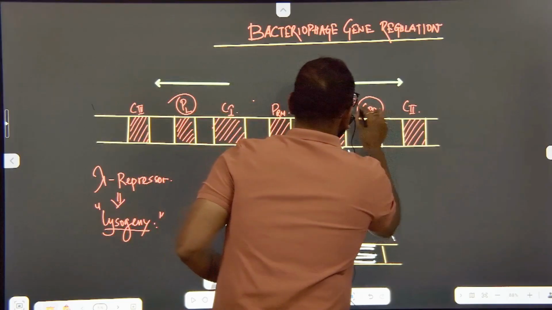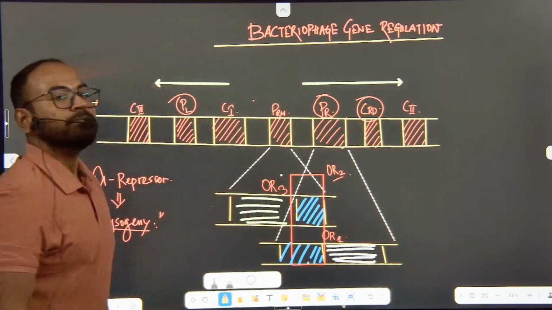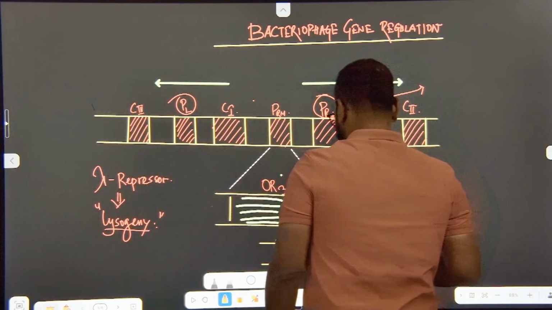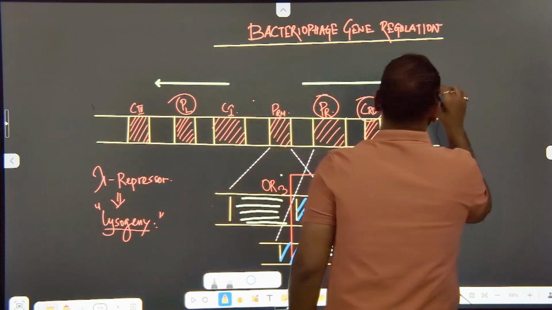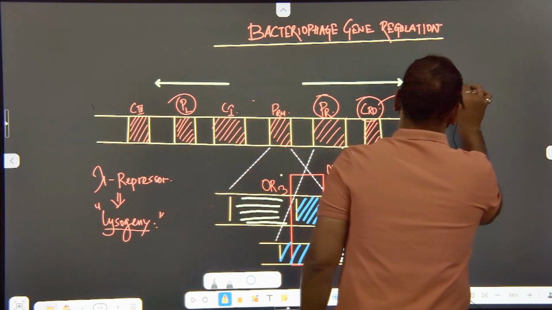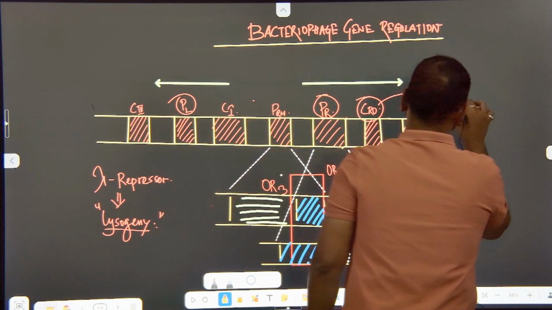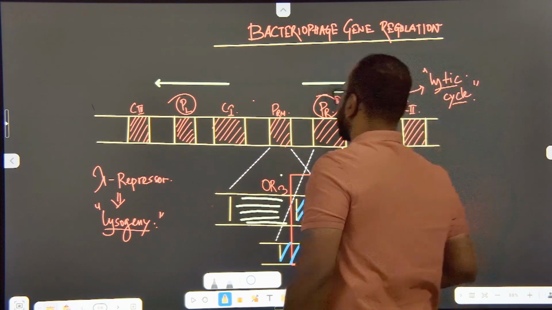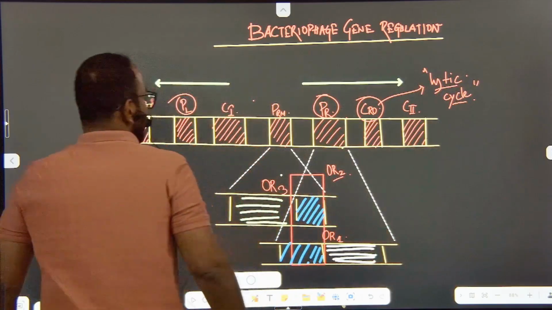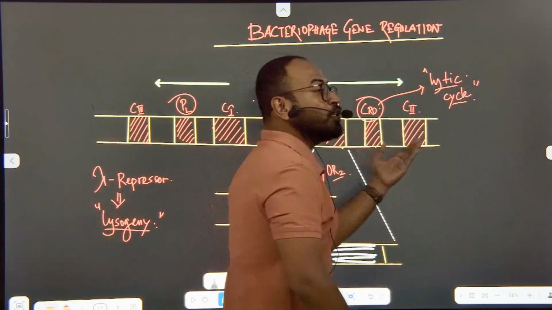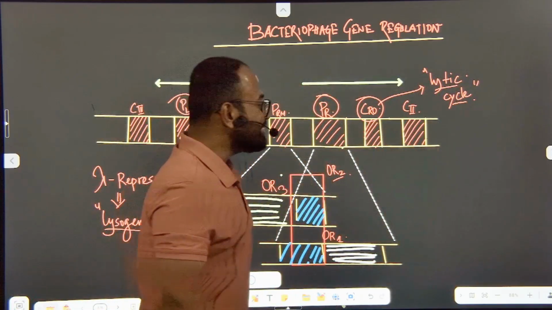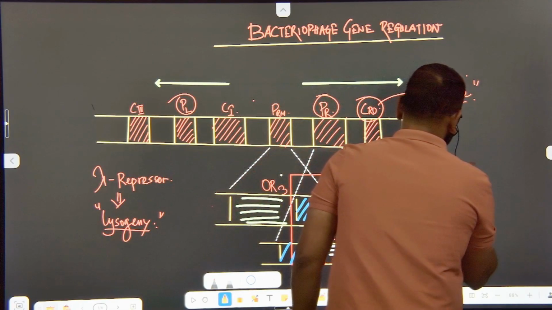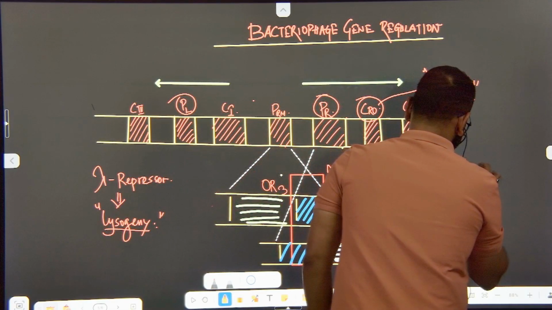Next, coming to Cro protein, which is associated with the lytic cycle. And then comes our C2. This C2 gene product is also associated with lysogeny.